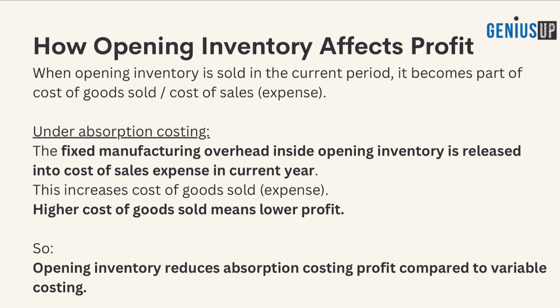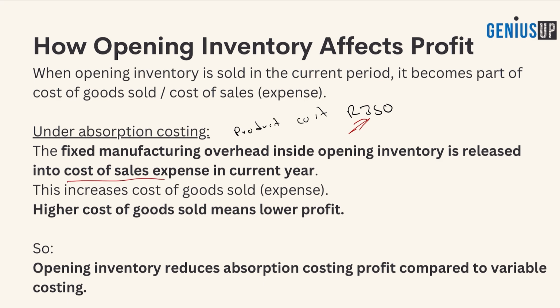Remember, I said under absorption costing that product cost was 350, meaning that in the current year, when we sell this opening inventory, the fixed manufacturing overhead sitting in this product cost is going to be expensed under cost of sale expense in the current financial year.